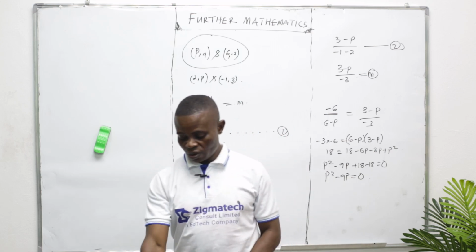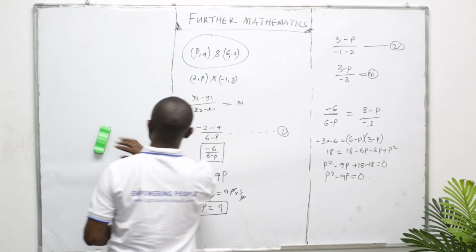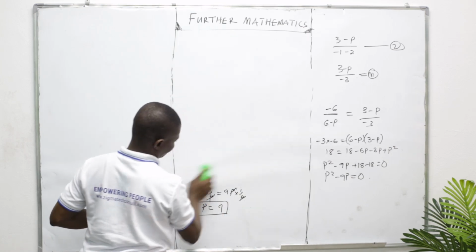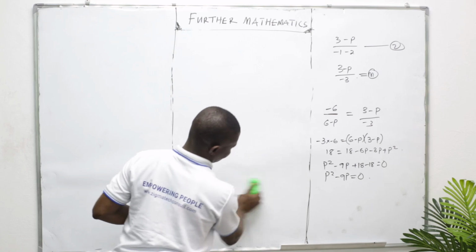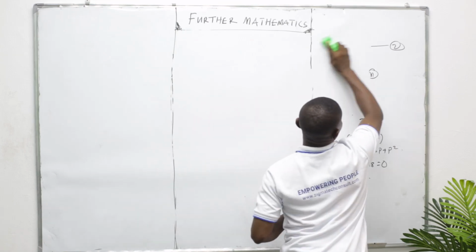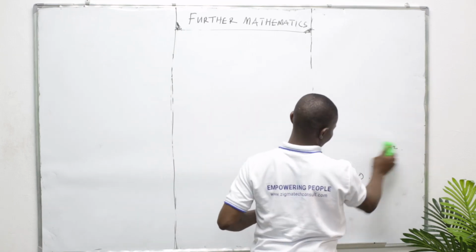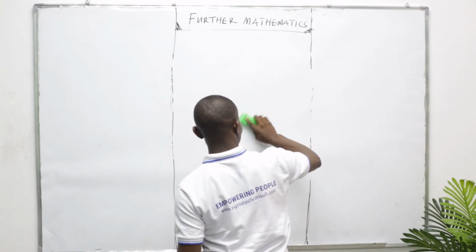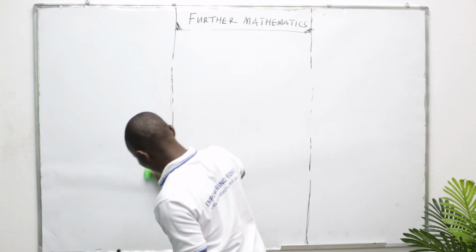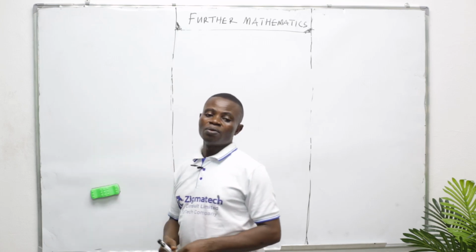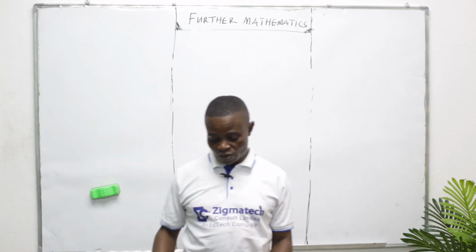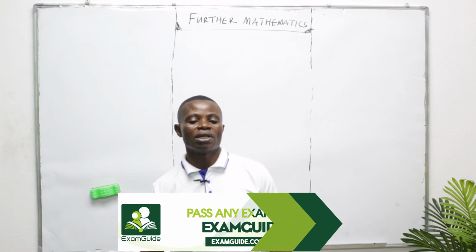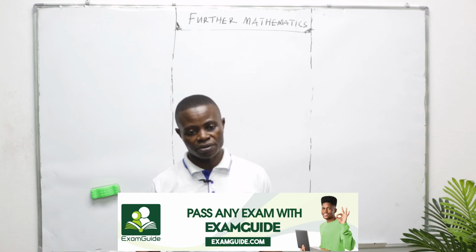Vector simply means when there is magnitude and size, or if an object has both magnitude and size, we consider such an object to become what? A vector. Otherwise, we call it scalar.